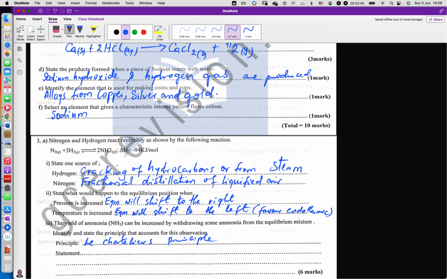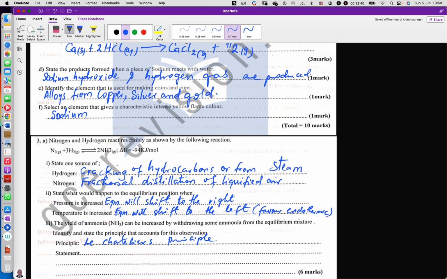And endothermic direction means decomposition of the ammonia into nitrogen and hydrogen. So increasing the temperature will shift the equilibrium to the left. It will favor the endothermic direction.